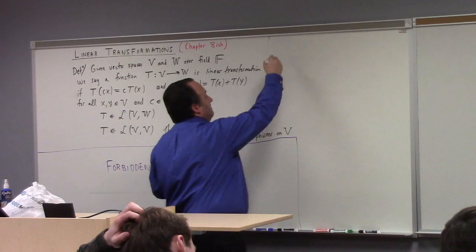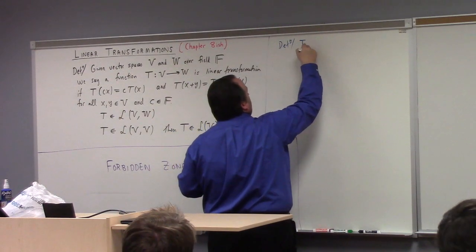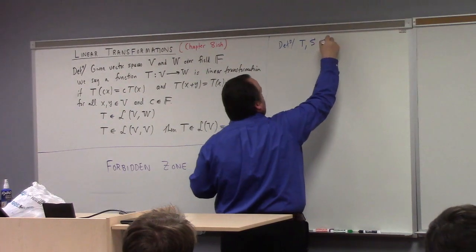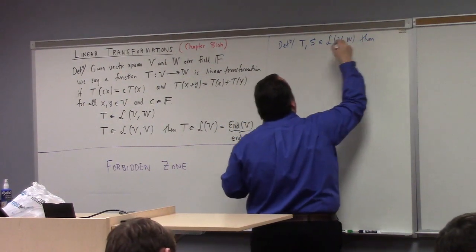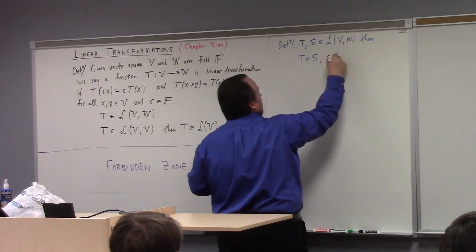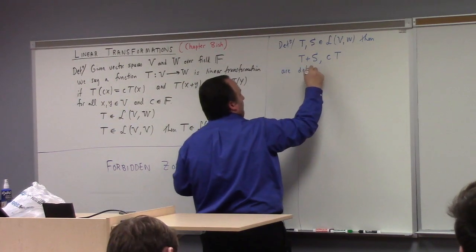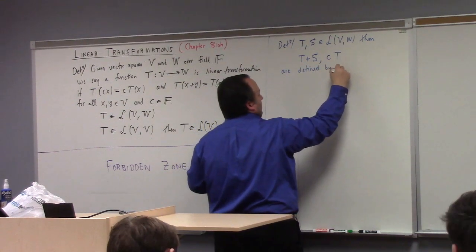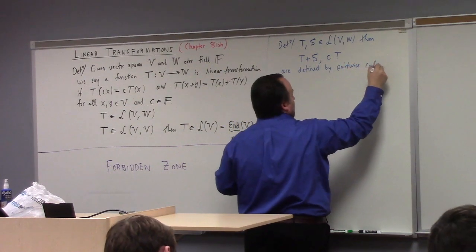But anyway, so definition, if we have T and S in linear transformations from V to W, then T plus S and CT are defined by the pointwise rules. What are those?